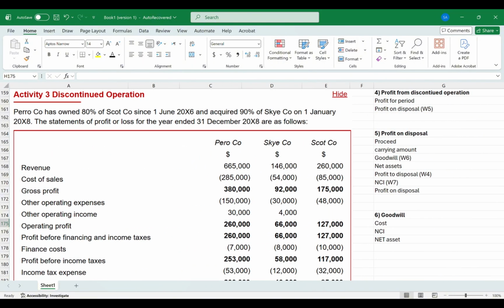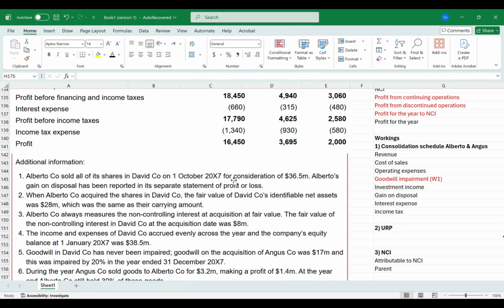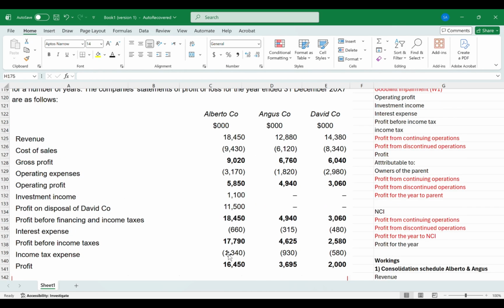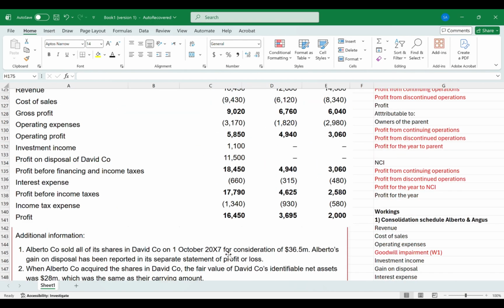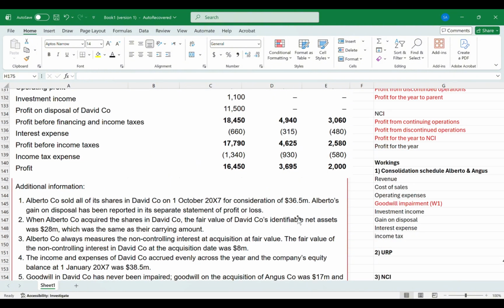See, here you have to do an adjustment. You have to be a little smart enough. You have acquired it for, you see here, 36.5. So you have sold all of the shares for the consideration of 36.5. So from this consideration that you have sold, the profit, the parent's profit on disposal, you have to adjust.